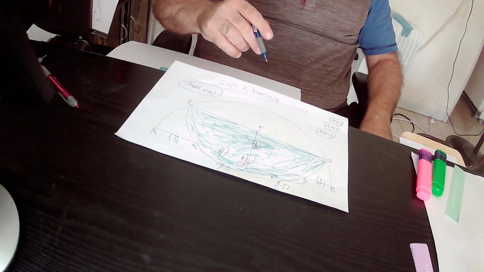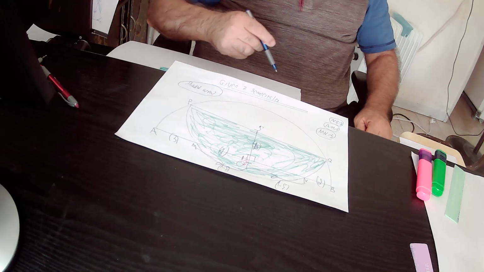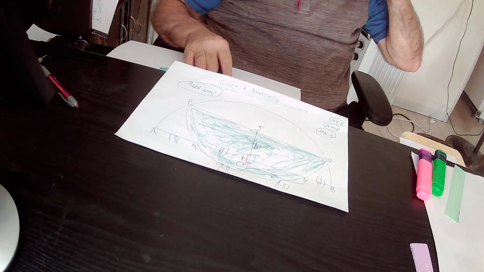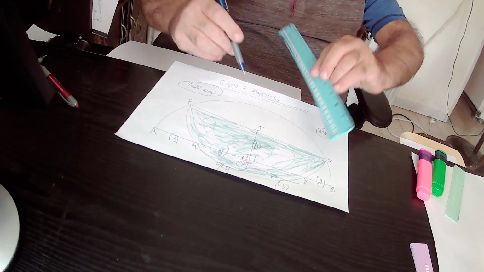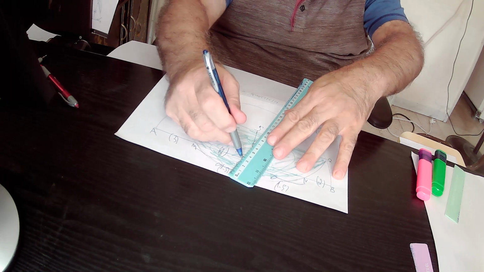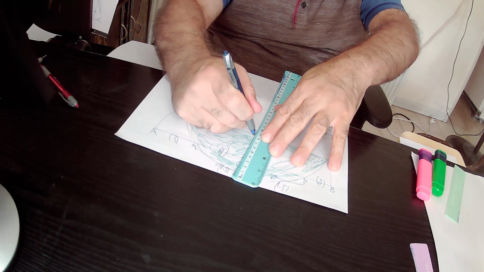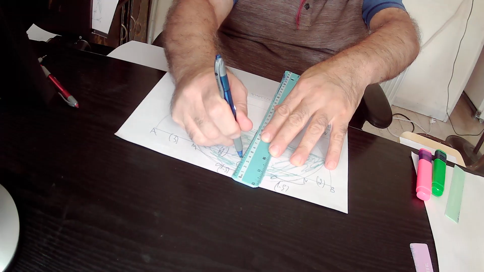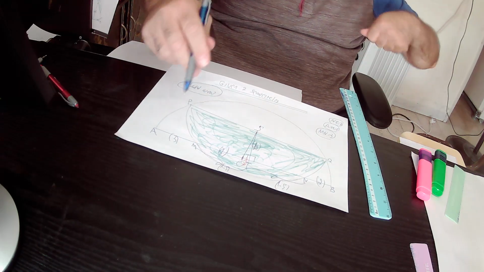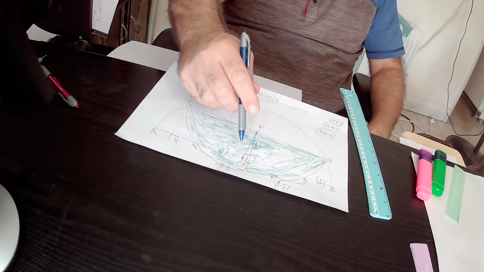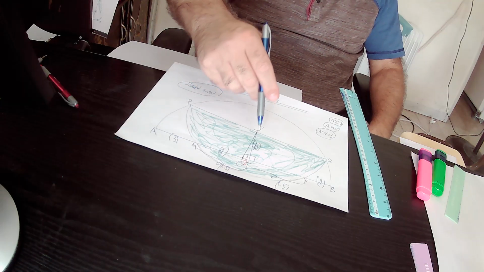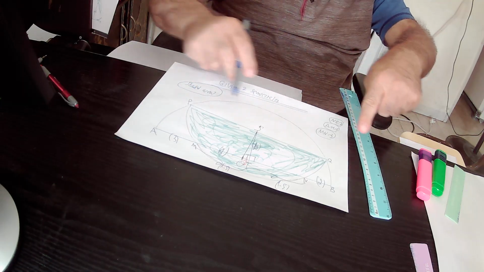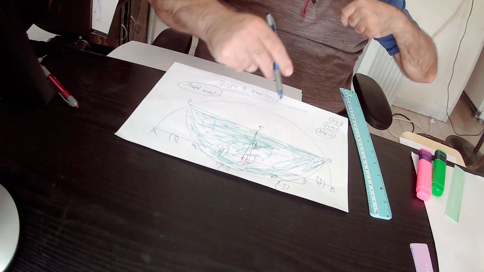In the next step, we'll join points O and S together by a straight line. From the center of this big semicircle, point O, we have line segment OS that bisects chord PQ. Why does OS bisect PQ?